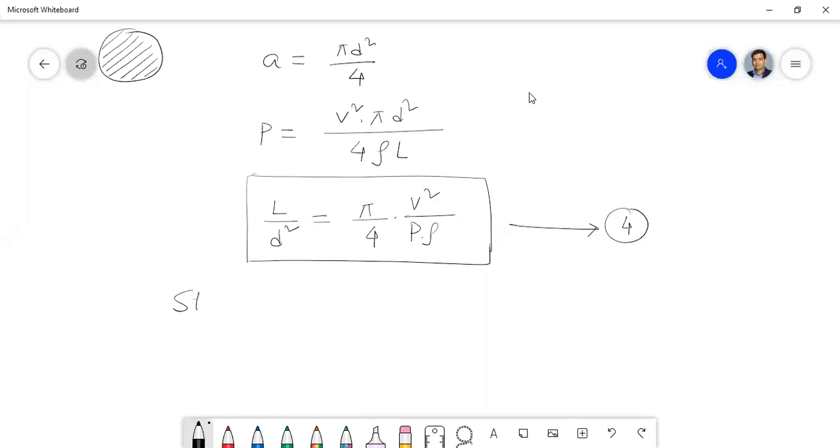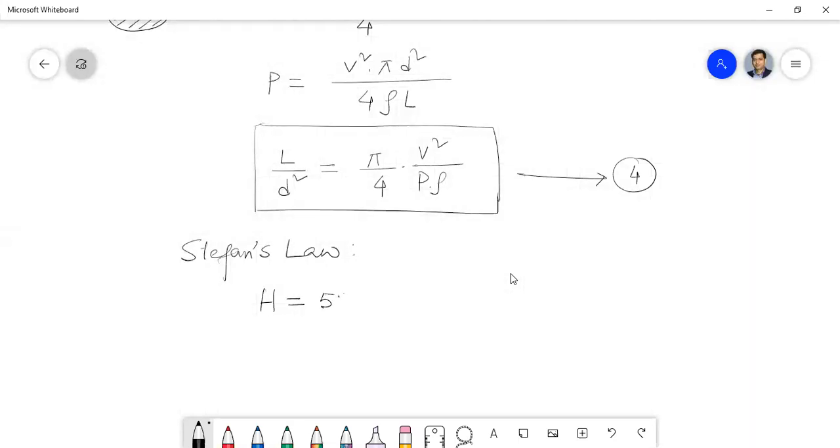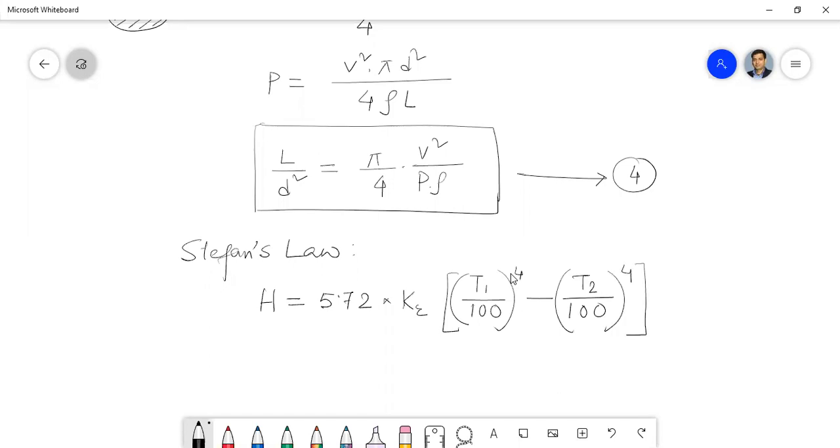So I think you know the Stefan-Boltzmann law, that is the heat radiated from the surface of that element, that we can write as 5.72 into K epsilon, T1 by 100, where T1 is expressed in degrees Kelvin, to the power 4 minus T2 by 100 to the power 4, watt per meter square.